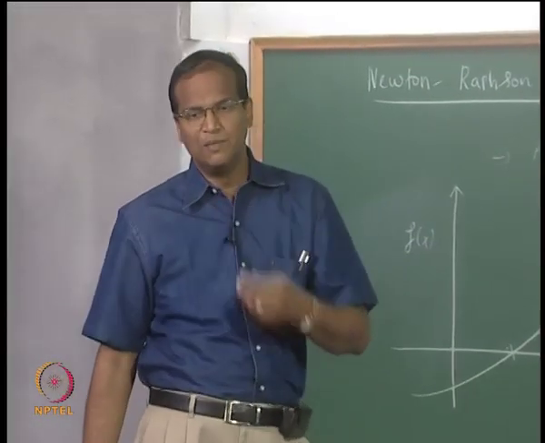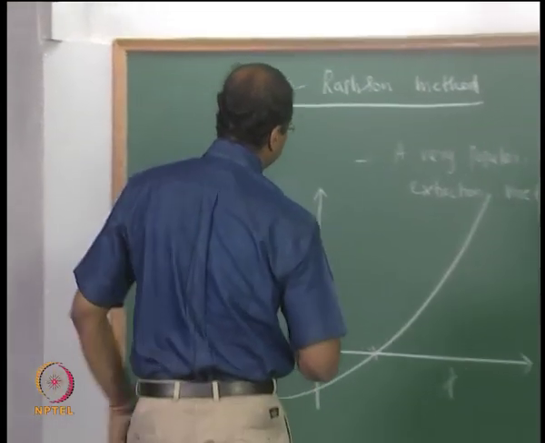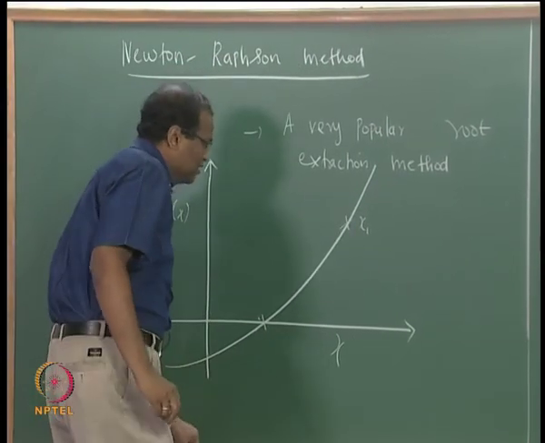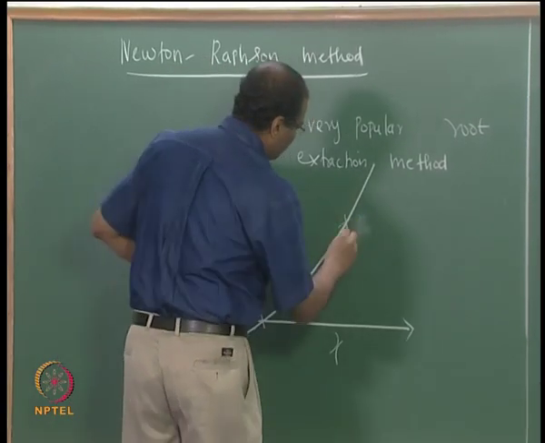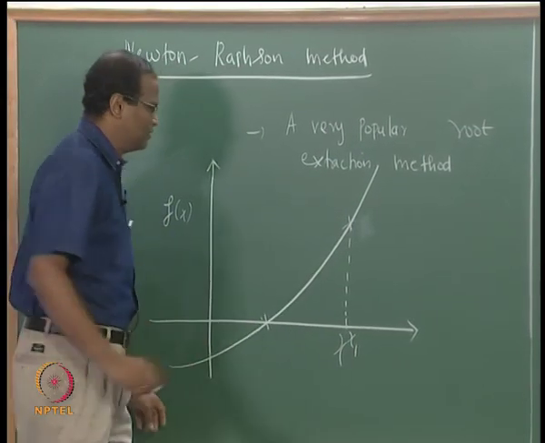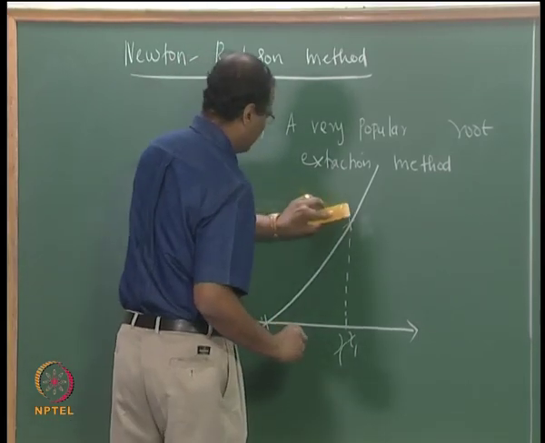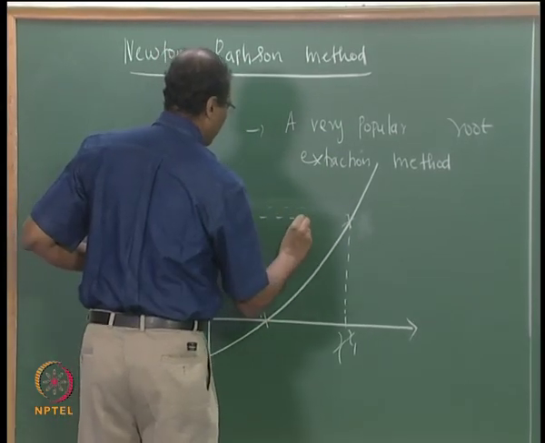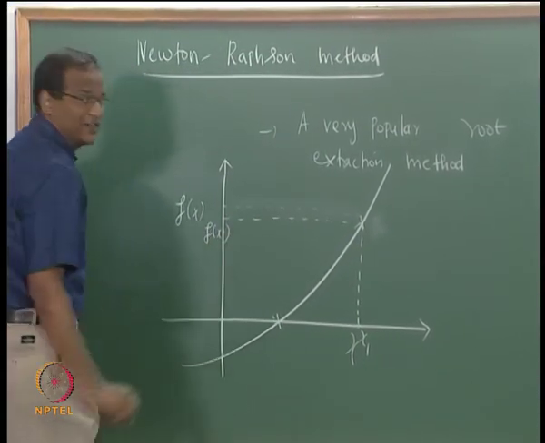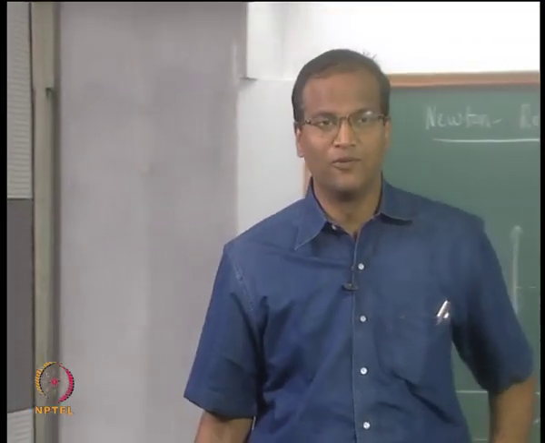Okay, so this is basically again an iterative technique. So we will start off from somewhere. I call this xi, and corresponding to this we have f of xi. The root is somewhere far off.